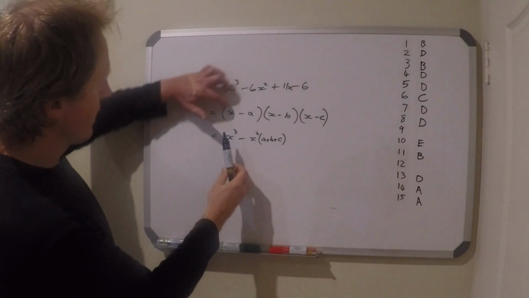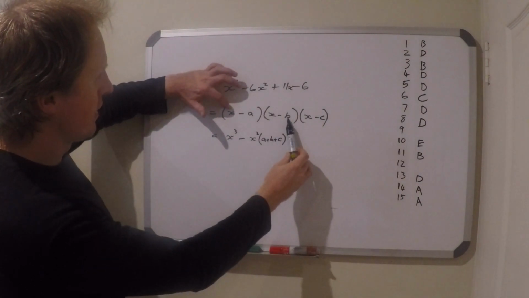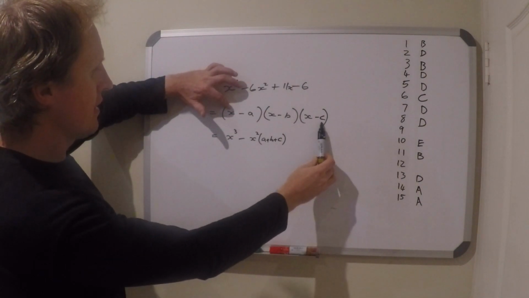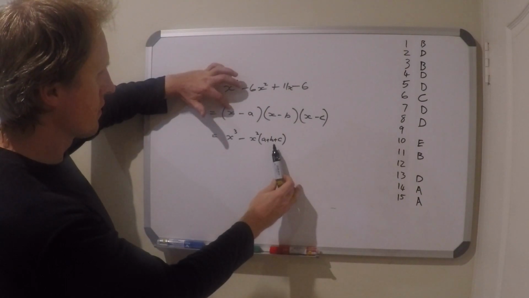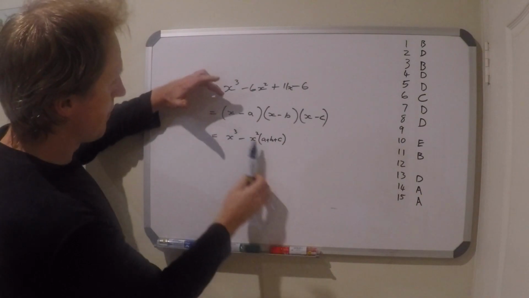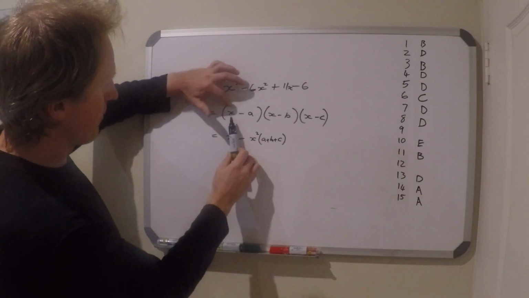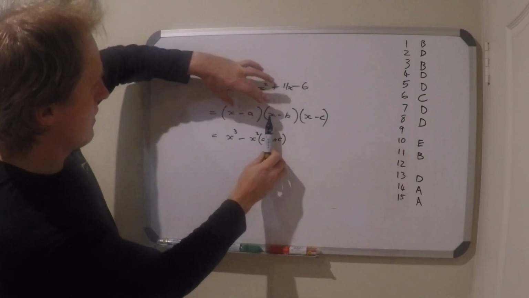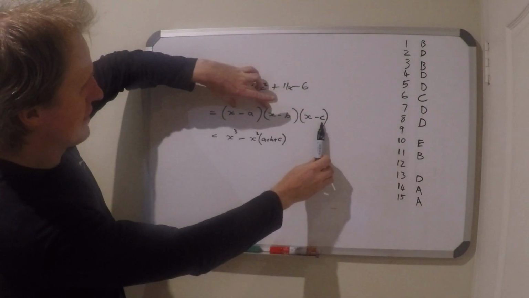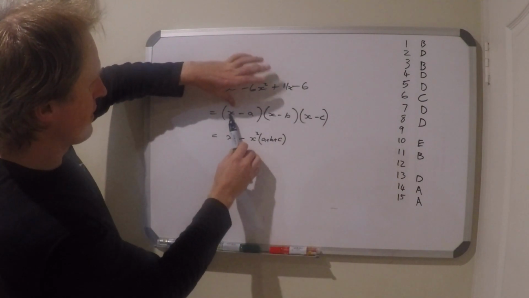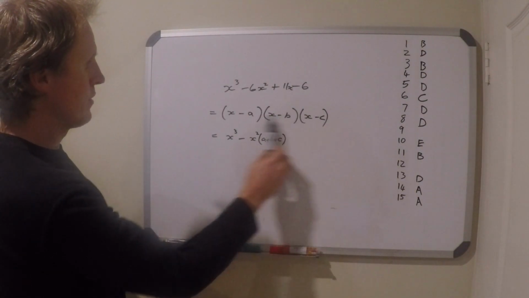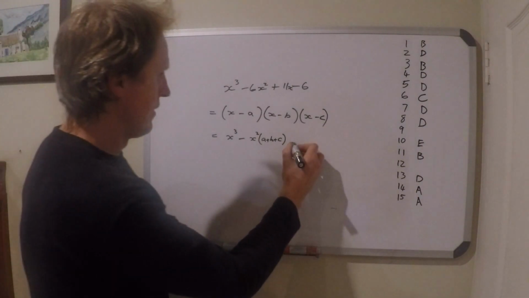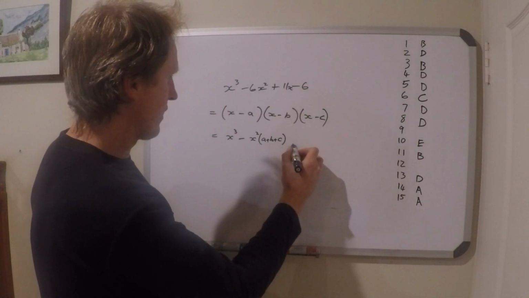So if I take 2 x's, I take this x, and that c. Then I can take this x, that x, and the b, and I can take these 2 x's and the a. We can do a similar thing.